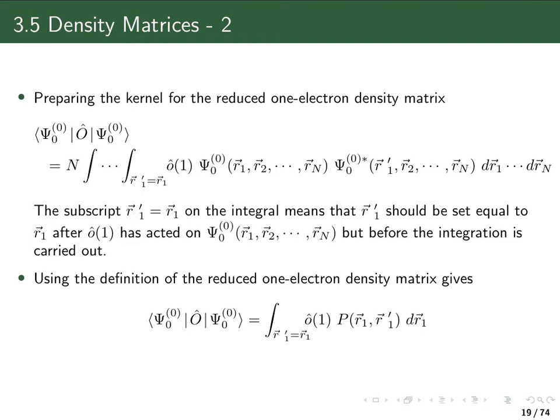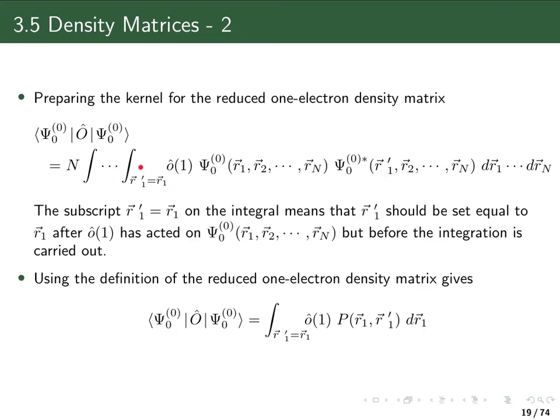Therefore, one uses a small trick, and the trick is that one changes the variable for electron 1 in the complex conjugate of the wave function. So instead of having R1, and the operator acting on R1, we change this to R1 prime. And then we let the operator act only on the wave function. And after this is done, so after I've taken the derivatives, if this operator includes a derivative with respect to the position of electron 1, I change this R1 prime back to R1, and then I integrate.